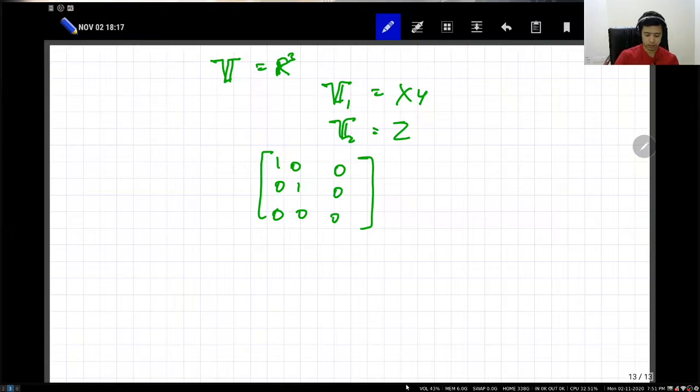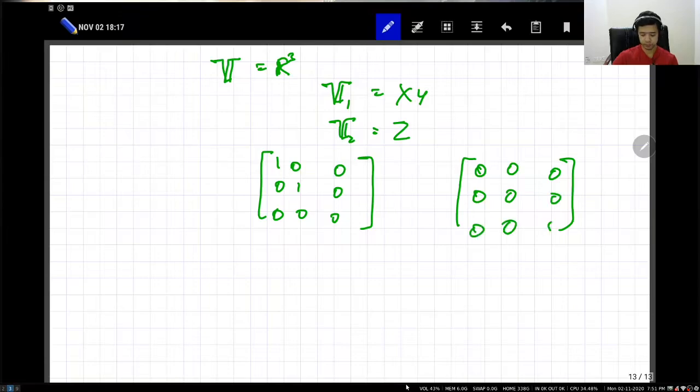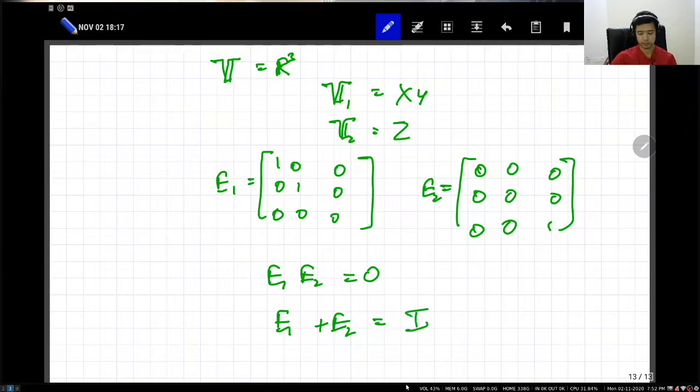Firstly note that V is a direct sum of V_1 and V_2. What is the projection onto the z-axis? It is the matrix with rows 0 0 0, 0 0 0, 0 0 1. So this is my E_1 and this is my E_2. Clearly E_1 E_2 is equal to the 0 matrix, and E_1 plus E_2 is equal to the identity.